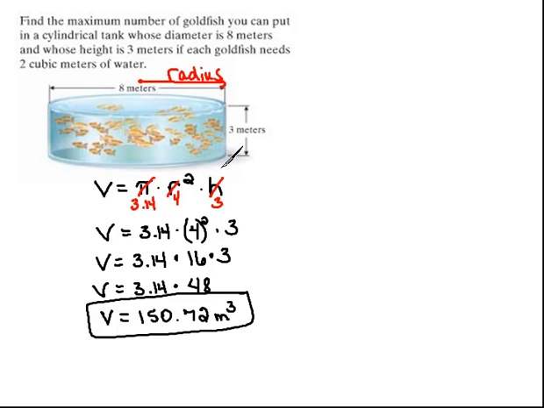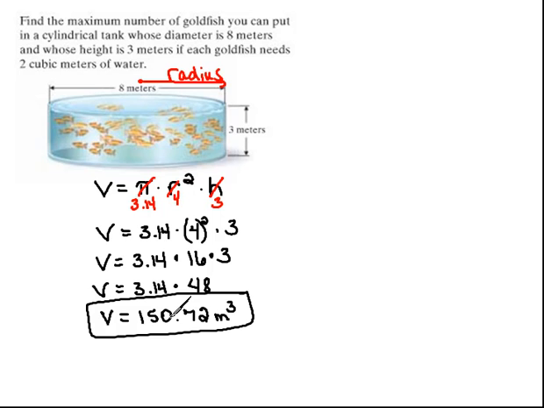But that's not what they asked us. They wanted us to find the maximum number of goldfish that we could put into this cylindrical tank. We can't put 150 of these fish in here because each fish needs 2 cubic meters of water.